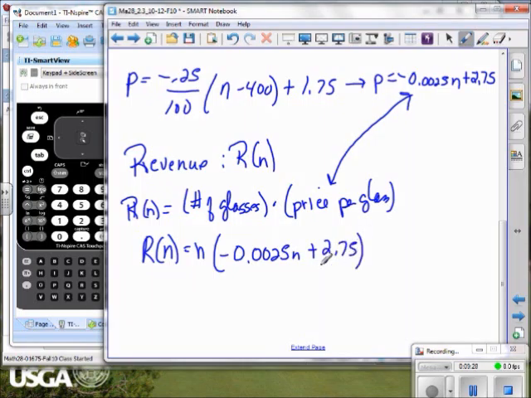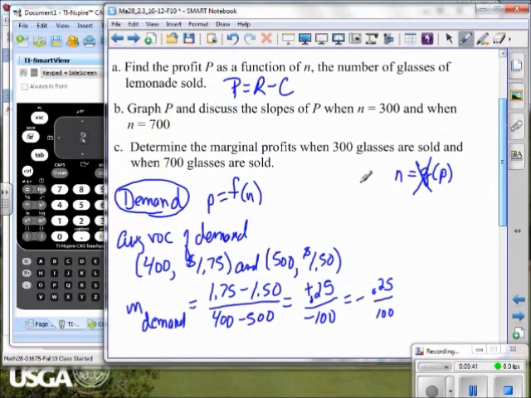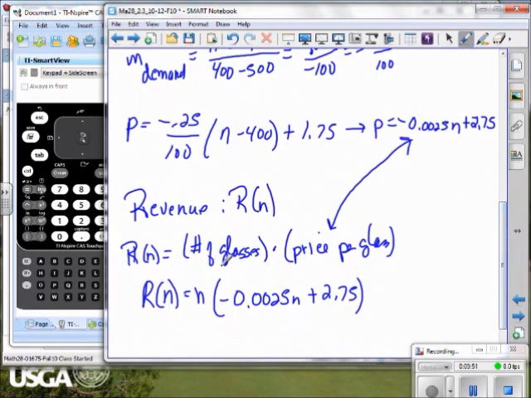That's the function we would use to come up with the pricing on this glass of lemonade. So the demand is price per unit. We should probably put that in our notes here. Demand is price per unit. Okay. So revenue is the number of glasses times the price per unit, and we come up with this.